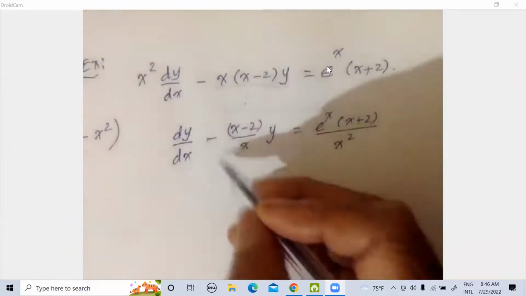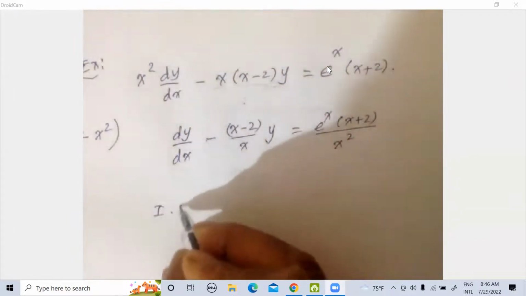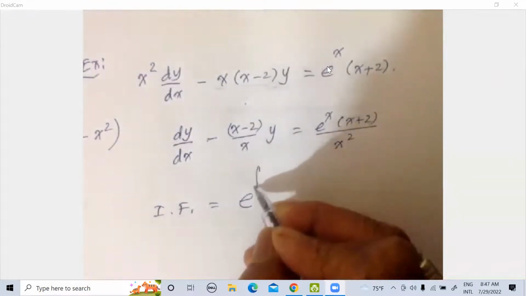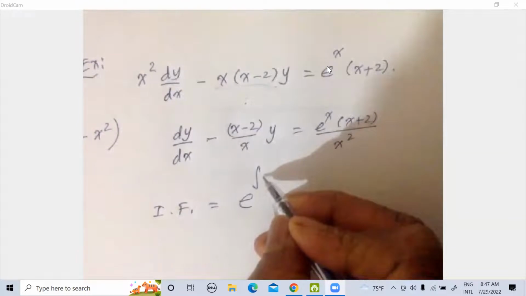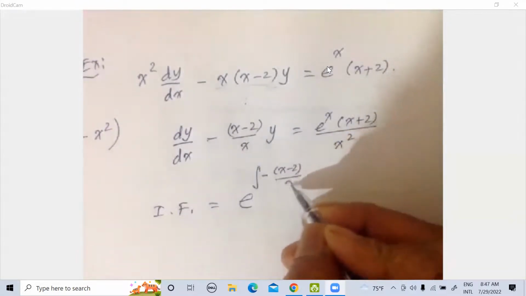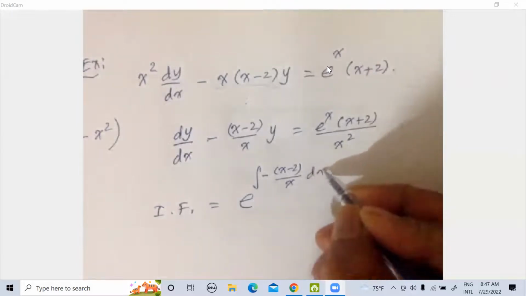Now, what is p of x? The integrating factor is e to the integral of minus x minus 2 over x dx.